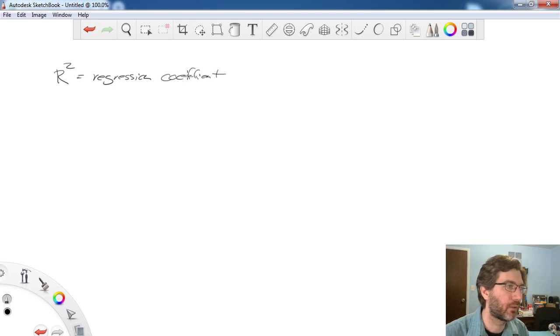How do you spell that? I think there's a C in there somewhere. I don't know. It's your regression coefficient. This is going to tell you how well does your data fit your model.